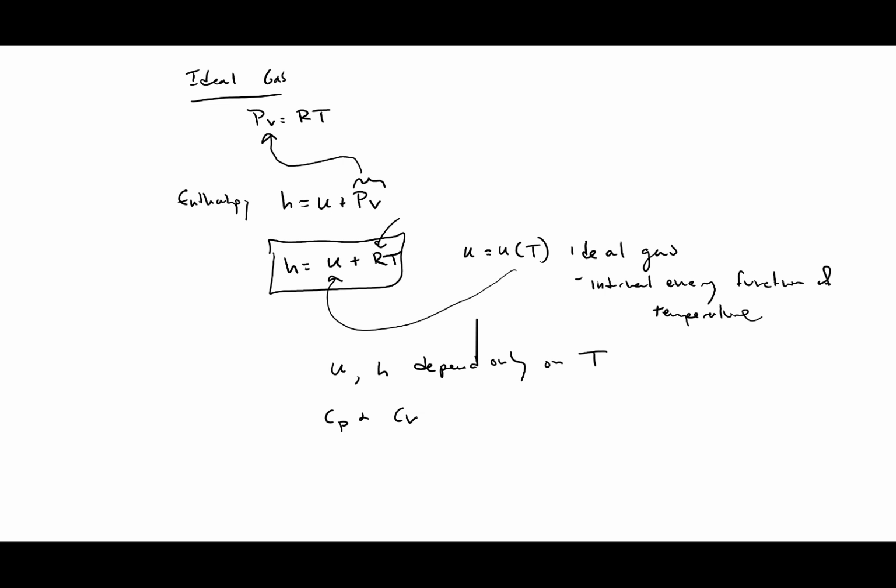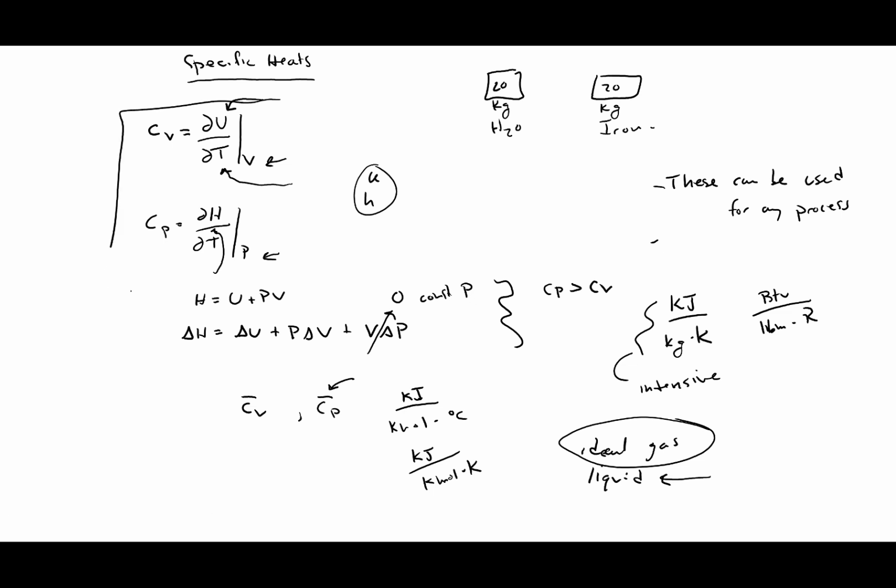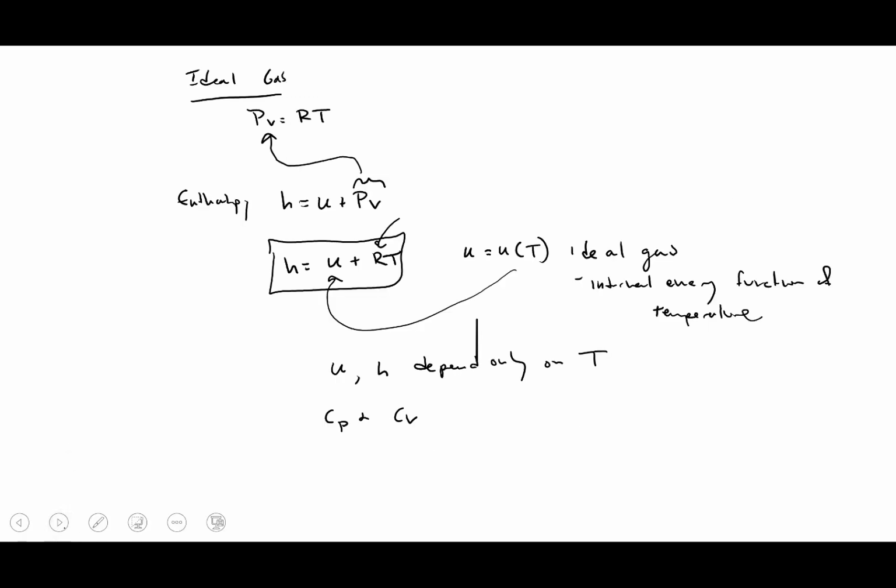If we go back to the original equations that I had for C sub V and C sub P, we have C sub V is equal to the partial of u with respect to T at constant volume, and C sub P is equal to the partial of H with respect to T with the pressure held constant.